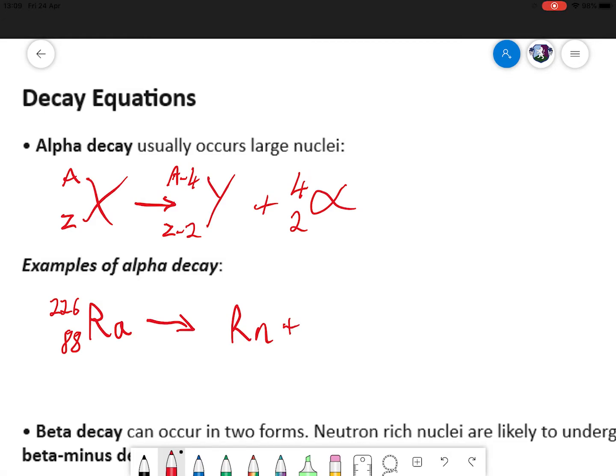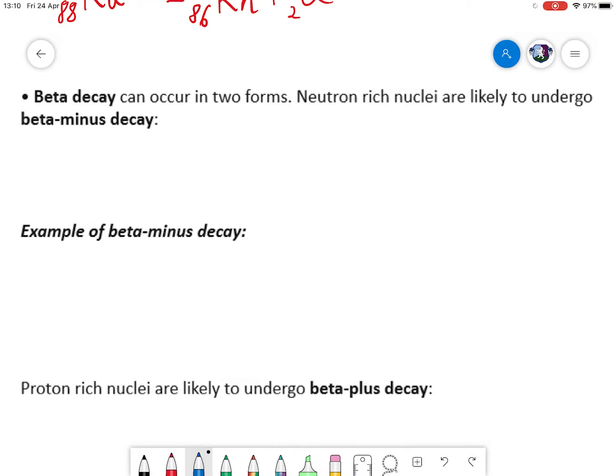You never need to know what the symbols are. These will be given to you. You need to show what the decay particle is, the alpha particle in this case, and what numbers change for the new nucleus. So we have 222, taking 4 away from 226, and 86 after taking 2 from 88.